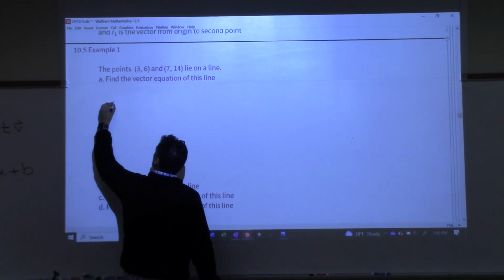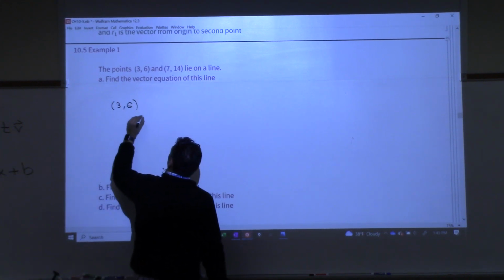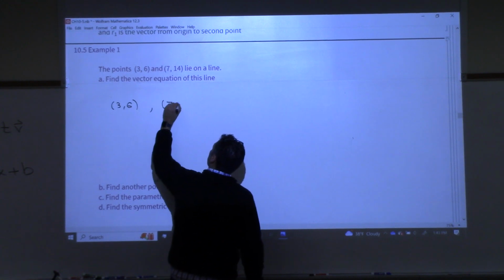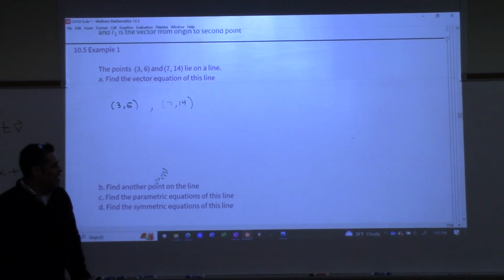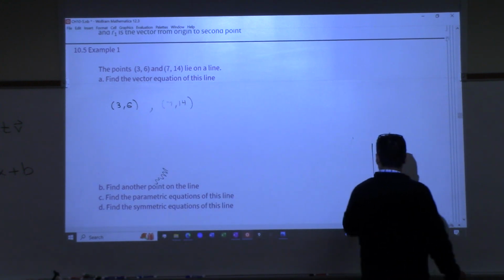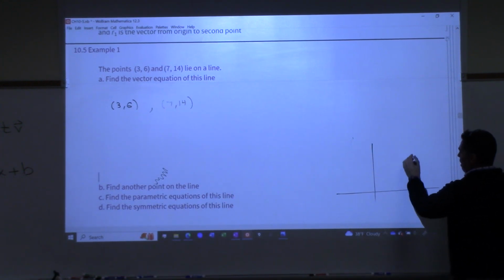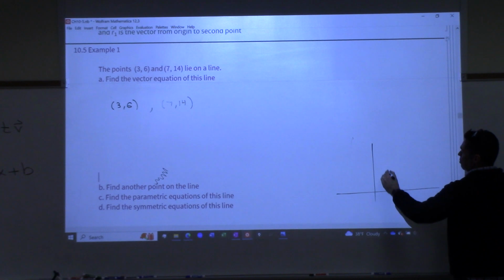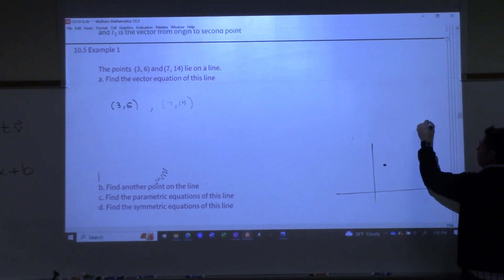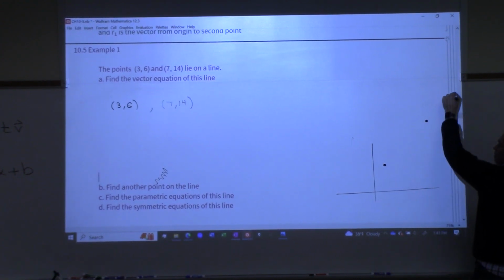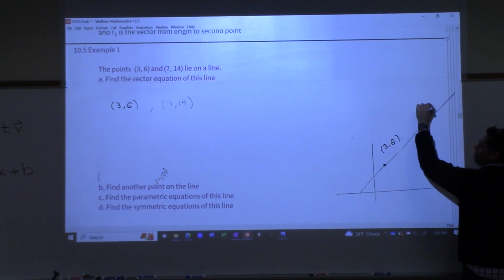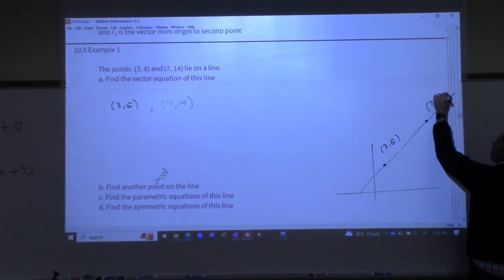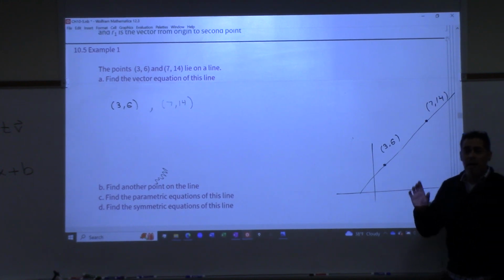So I'm going to take the 2 points here, 7 and 14. First thing I need to do, if you're thinking about this visually, I really don't care where these points are, to tell you the truth. But let's say that this one's 3, 6. Let's say that this one is 7, 14. First thing I need to do is create my R0.